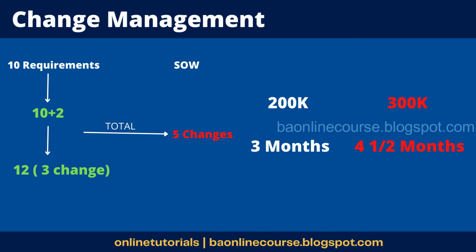Now, if you are in a situation without a change management process, you will not be able to say no to these kinds of requirements or changes, right? It's difficult to say no to a customer. And having said that, you cannot just accept those changes or new requirements, because it's increasing your project cost by 50% more. From 200K, it has gone to 300K. It's a very difficult situation to be in.